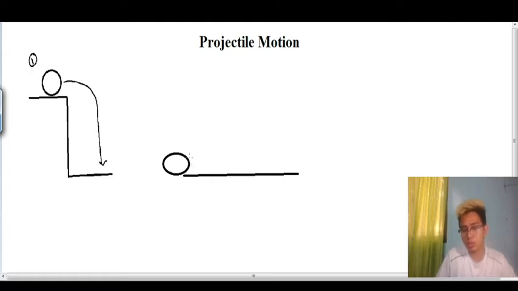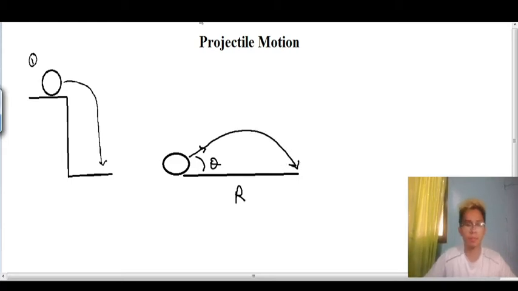Your ball is thrown at a certain angle like this, and it reaches the ground with a certain range. Range is the distance traveled by the ball in the horizontal direction. This is the second type of projectile.